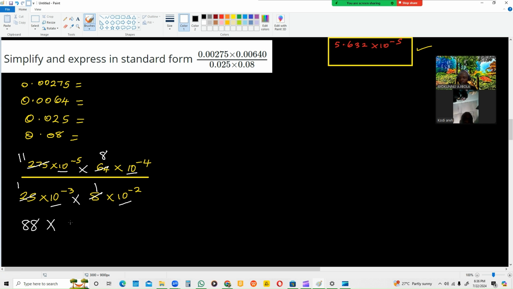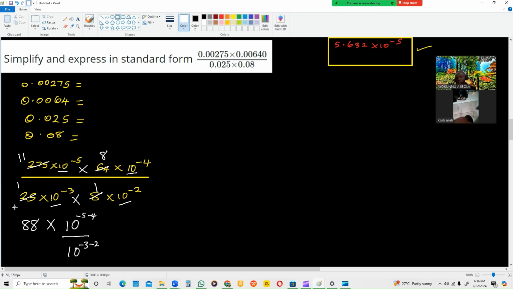Then times the 10, I combine the powers, which is negative 5 plus negative 4, giving me negative 9. The 10 at the bottom, I combine the powers, negative 3 plus negative 2. Is that clear?